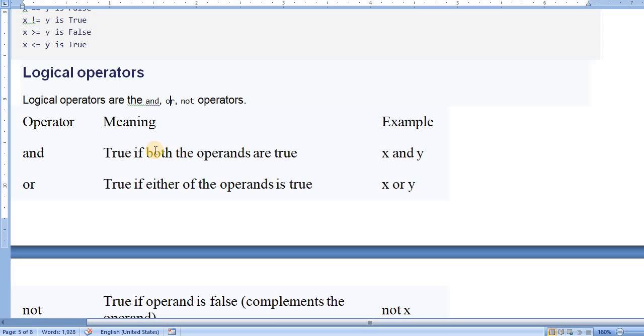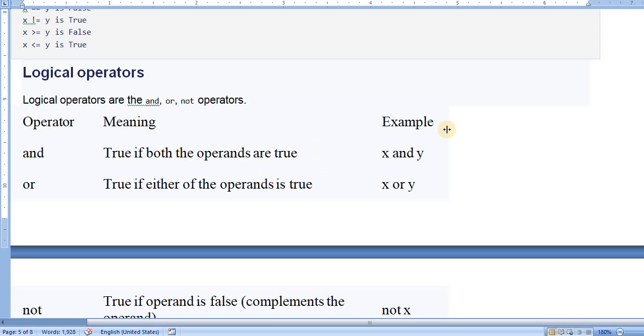And in Python, all the zero and empty values are treated as false, and all other values are treated as true. Zero, None, and empty strings are treated as false. Okay, and any number, either negative or positive, that is not zero, is treated as true.